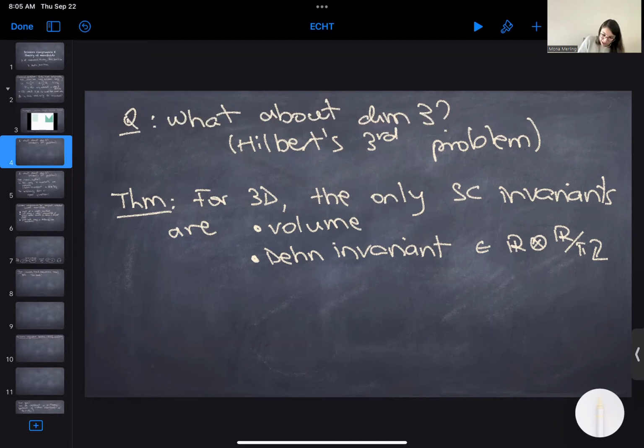Maybe I can just tell you it's a sum over all the edges where you take the lengths, that's the part that lives in R, and then you take the dihedral angle at that edge, and you sum over all the edges. You can then generalize, and you have several Dehn invariants for a given polyhedron in higher dimensions. So you can still ask this question: are the Dehn invariants and volume the only scissors congruence invariants?